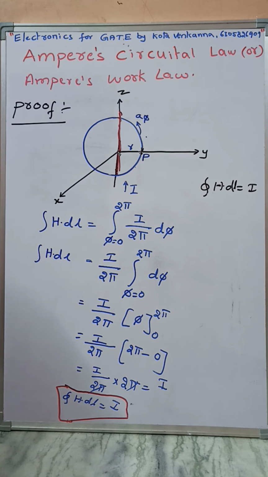It is also known as the magnetomotive force around a closed path, which must be equal to the current enclosed by that path. So this is the proof of Ampere's circuital law.